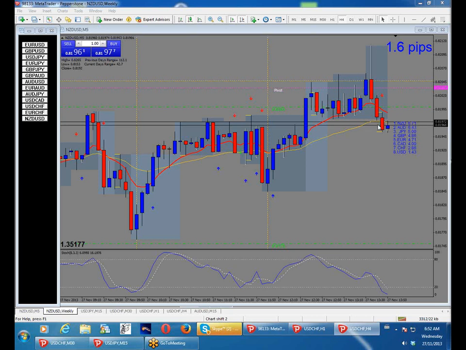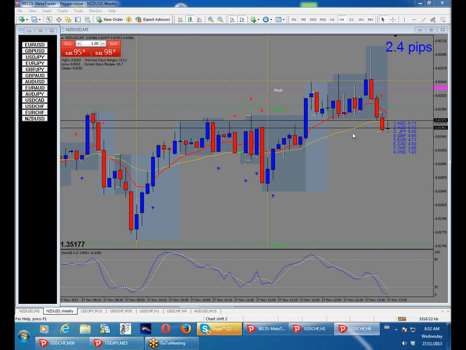Do you ever take counter trend trades? Yes, yeah. I guess that would depend on how far apart the 10 and the 30 are. If they're really tight together, it would be a good position to take them, in my opinion.